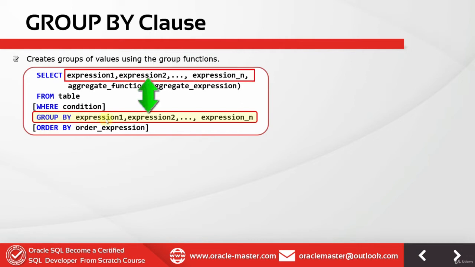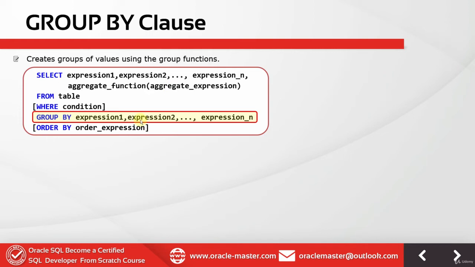But one thing to note is that the columns or expressions that are not encapsulated within an aggregate function must be written in the group by clause. This is really important. However, the columns or expressions written in the aggregate functions don't need to be written in the group by clause, because they are already grouped.